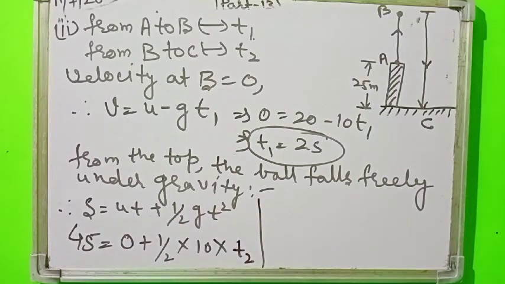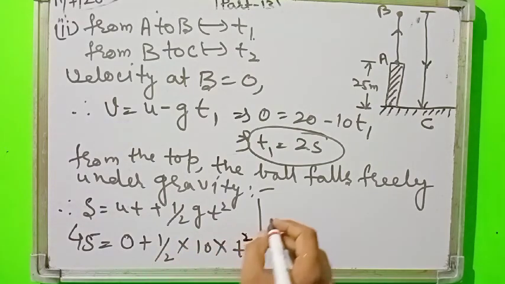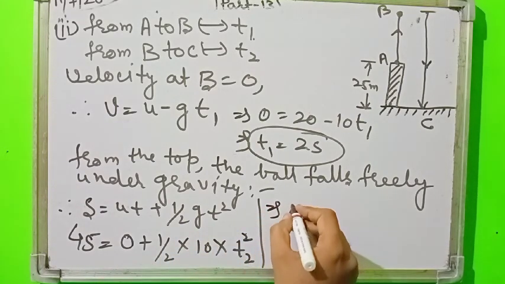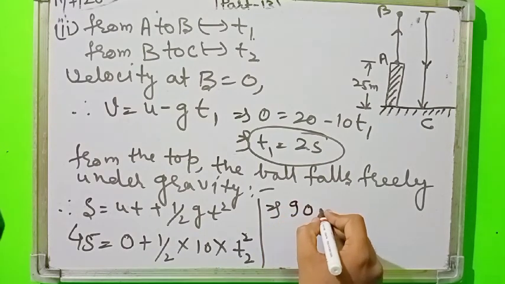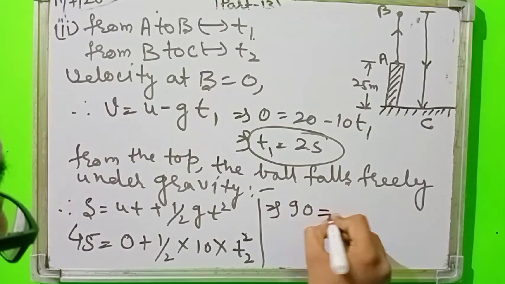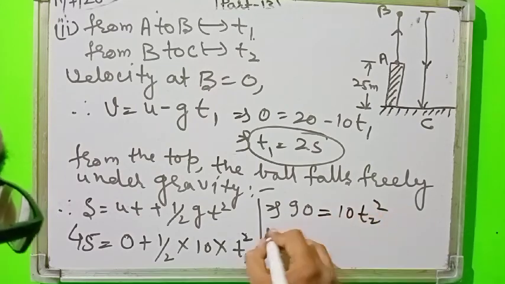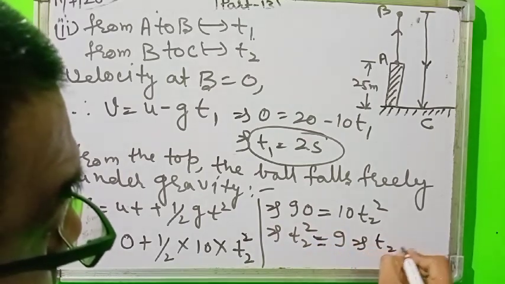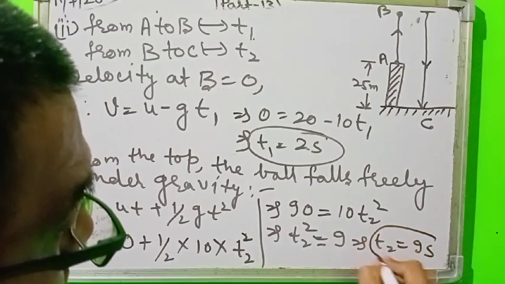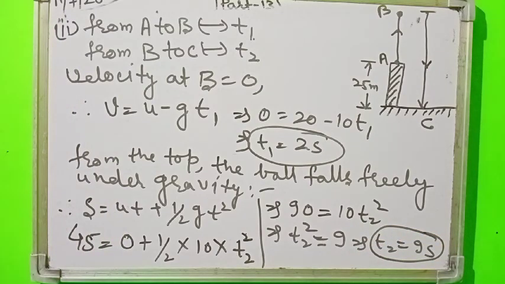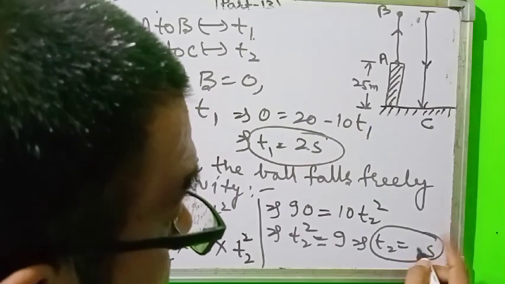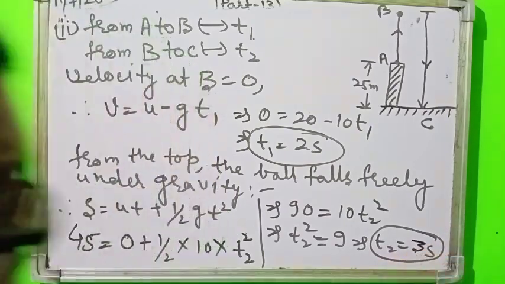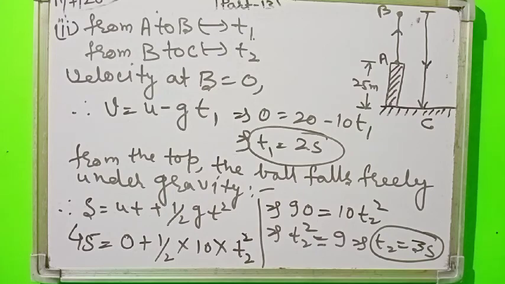So here we can find the value of t2. 90 is equal to 10 t2 square, or t2 square is equal to 9, so t2 is equal to 3 seconds. So t1 we have got 2 seconds and t2 we have got 3 seconds.